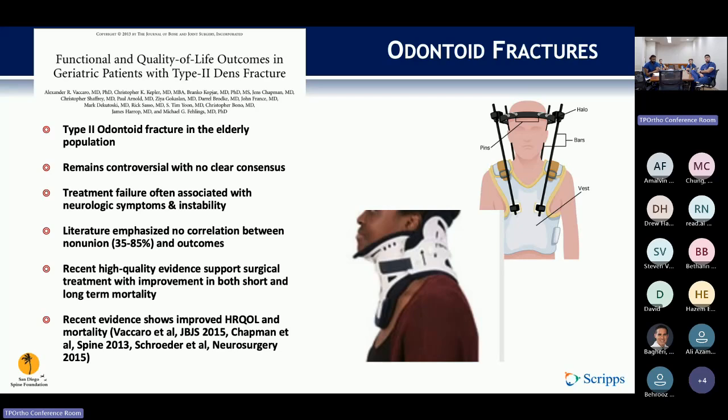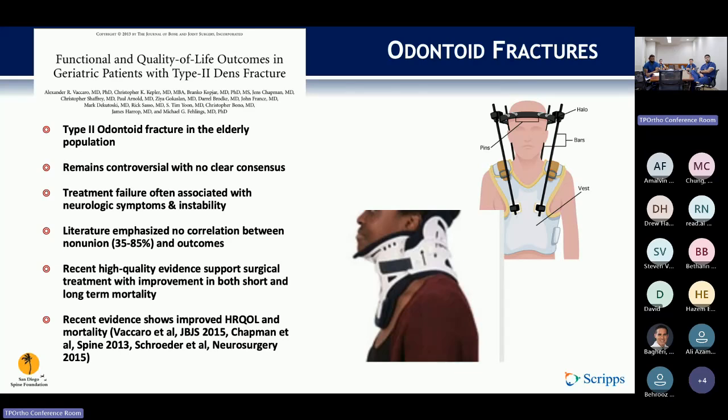So you really need to take into consideration how a patient may tolerate a fibrous non-union, because it's very possible they'd get along just fine and you mitigate significant surgical risk in the frail patient. On the other hand, there are a fair amount of high quality studies suggesting surgical treatment may be better than non-surgical treatment in the short and long-term mortality.